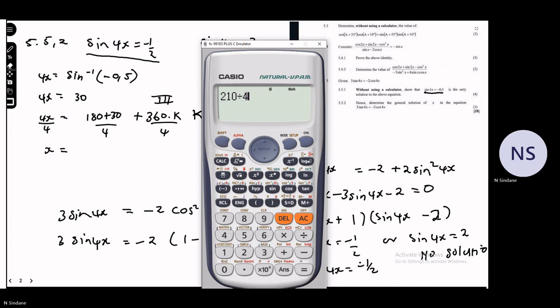So x is equal to 330 divided by 4, which gives me 82.5. So my solution is 82.5 plus 90 multiplied by k.